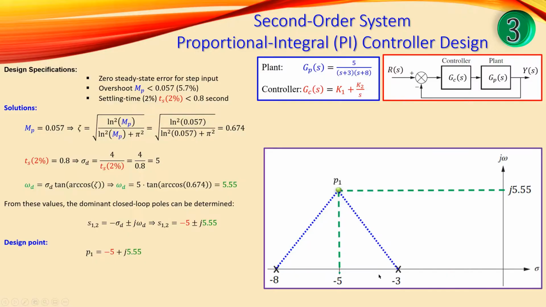A cross is the location of a pole, and a circle is the location of a zero. It will be also discussed in the next steps. We need to design K1 and K2, thus the PI controller, such that our root locus plot will cross this point or come near it, so that we have the required specifications. That's actually our goal. So let's look at the next steps.